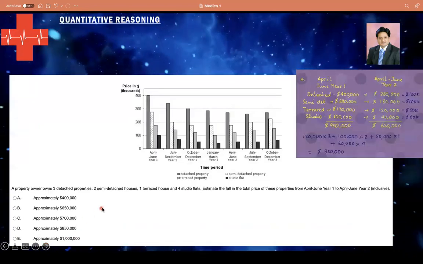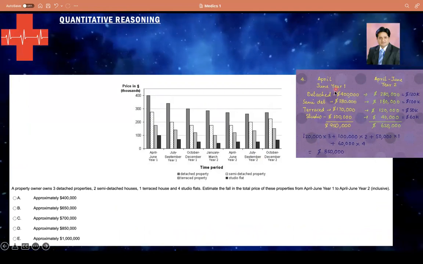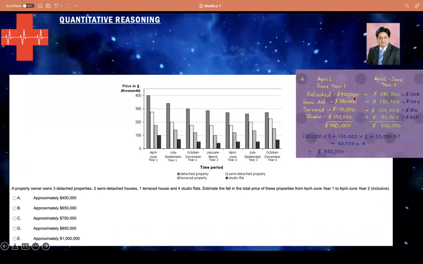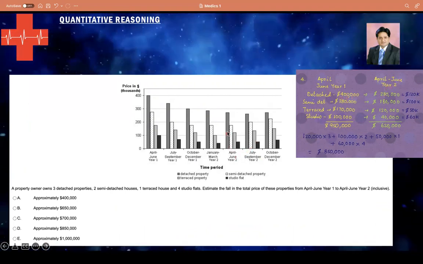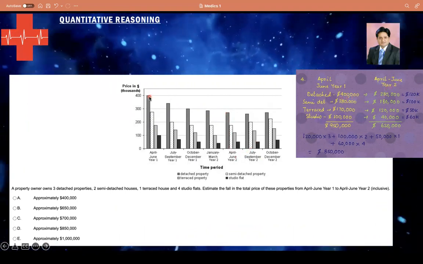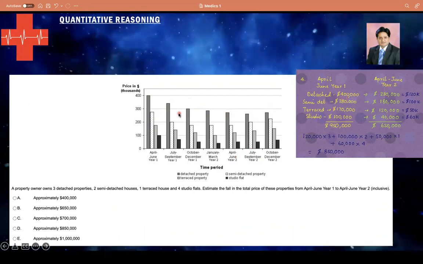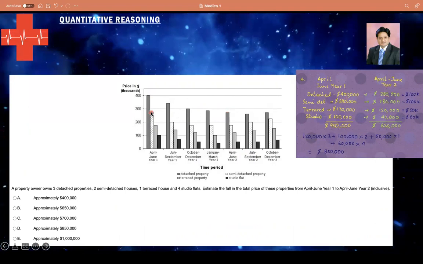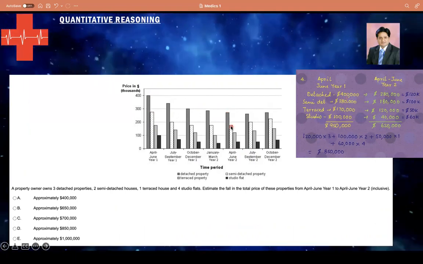And here comes the solution. In April to June year one, detached property was 400,000, whereas in April to June year two, it is approximately 280,000. Semi-detached, if you look here, this is 280,000, and this becomes approximately 180,000.